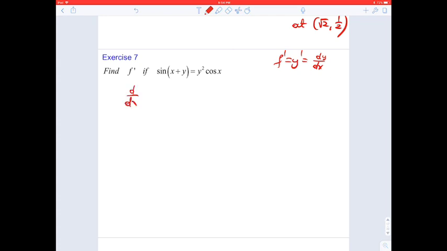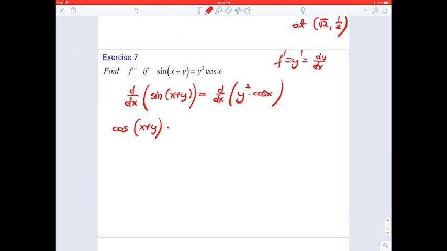Let's differentiate with respect to x sine of x plus y, and let's differentiate with respect to x y squared times cosine of x. Derivative of sine is cosine of the same angle, x plus y, times derivative of that angle, derivative of x, 1, derivative of y, y prime.